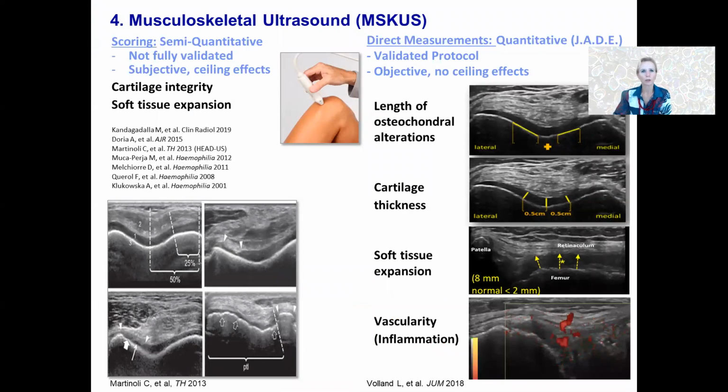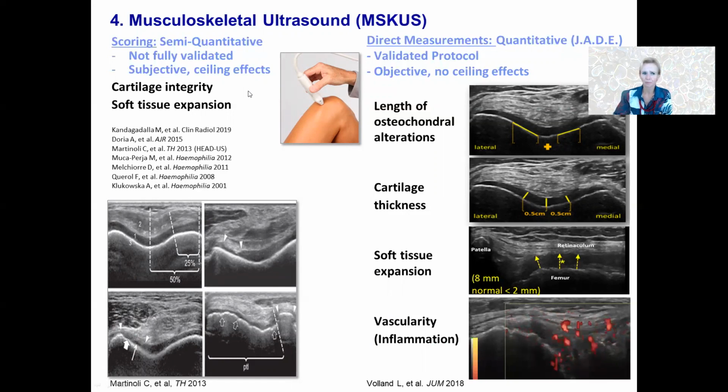So this is where musculoskeletal ultrasound comes in. And a number of protocols have been proposed in the past, not to overburden you, but there are two principles. One is scoring, which is mostly semi-quantitative, not fully validated in any of the proposed protocols, and it is rather subjective, having ceiling effects.